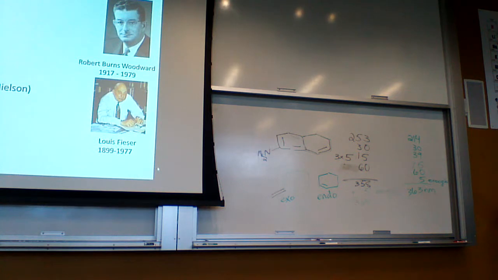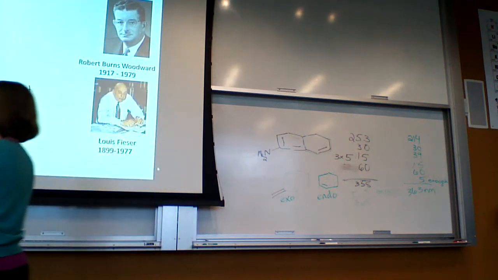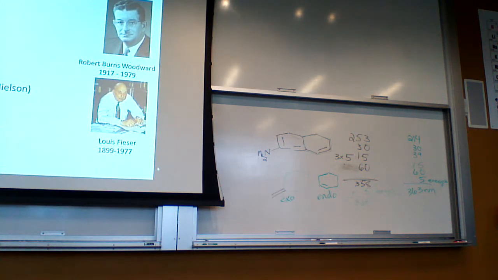The first way puts it into the base value, the other way adds it to the set of calculations you're doing. I then went to my book and added homoannular diene plus 39 at the bottom of their table, because any homoannular diene needs 39 added.